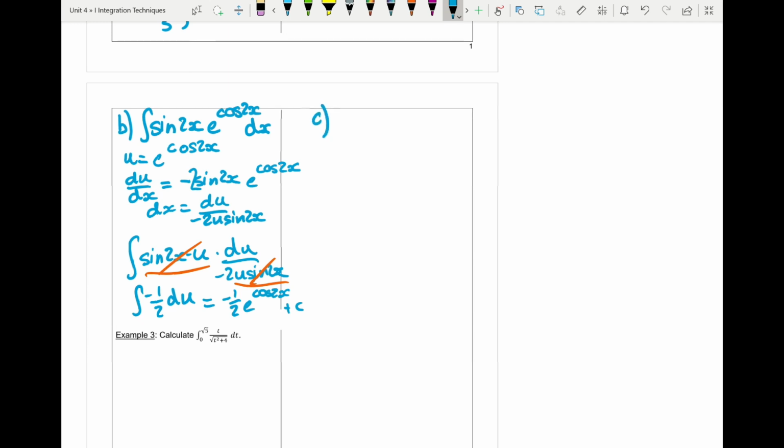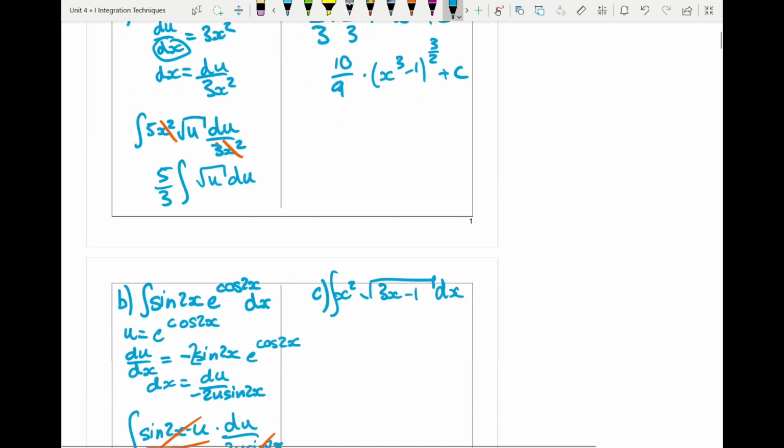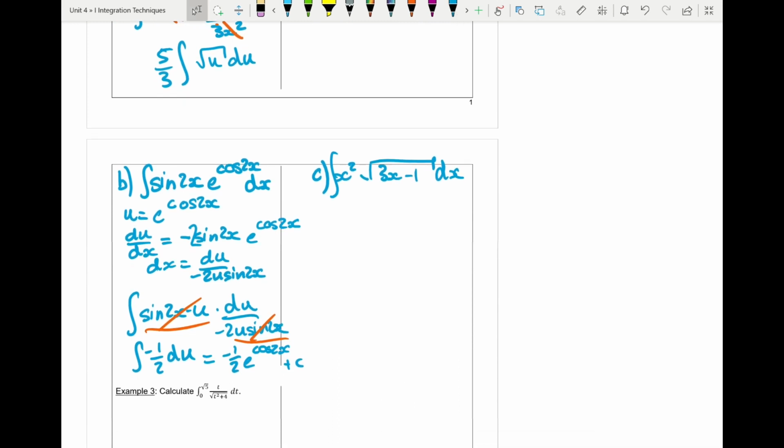Lastly, part C, we've got x squared root 3x take 1 integrated with respect to x. So for this one, we want to let u equal the entire square root here.